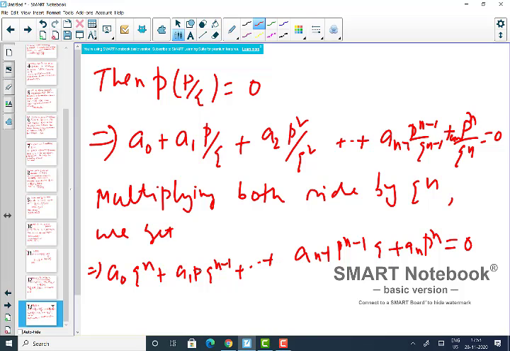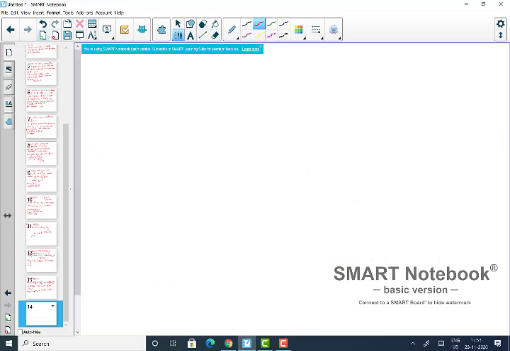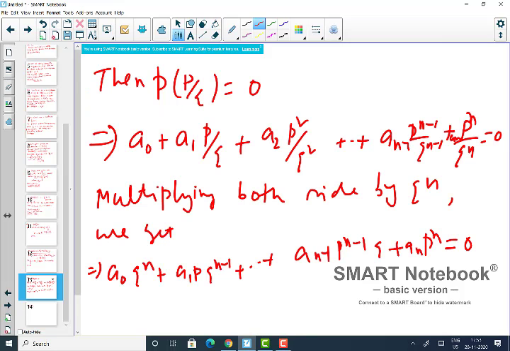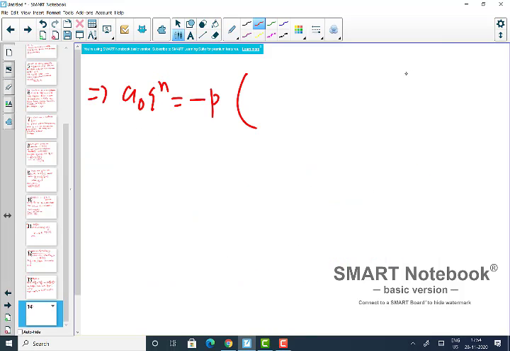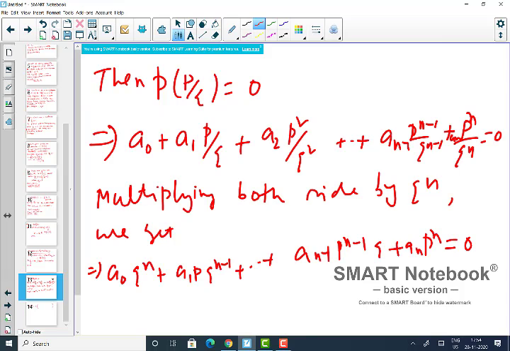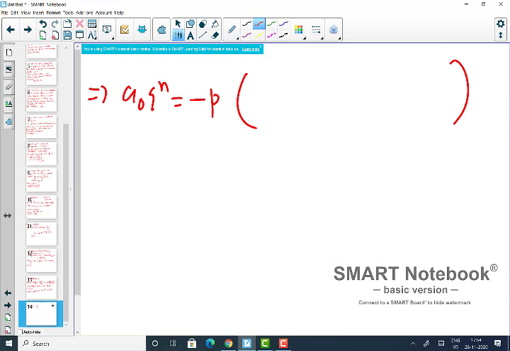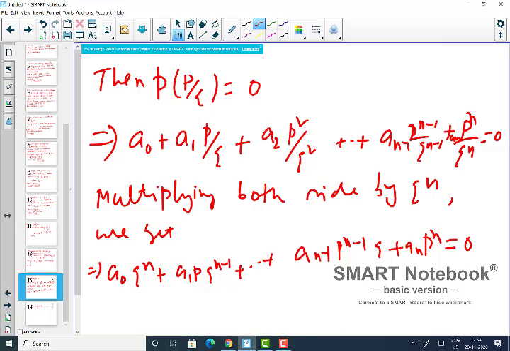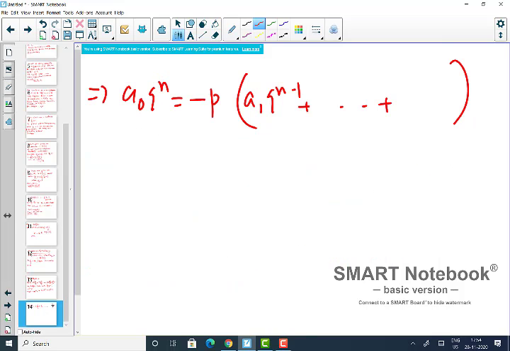So I am assuming that p and q have GCD 1. What does that mean? Two things are possible. One thing is that you write down a0 q power n on one side and take everything else to the other side. Then you see that p is common in every term, so you can write p times the remaining terms: a1 q to the power n minus 1, and so on, and the last term is a_n p power n minus 1.